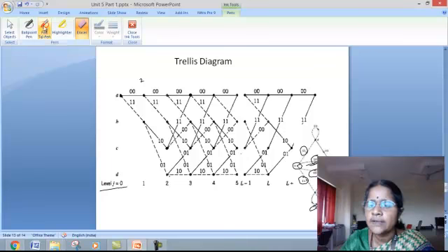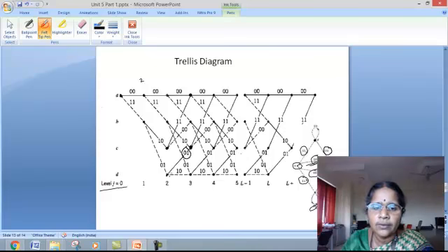Now coming to state D. When the input is 0, come to state C, producing an output of 0, 1. That is the solid line.